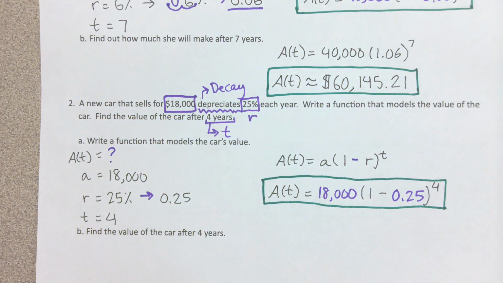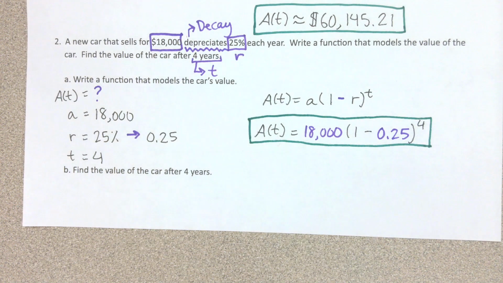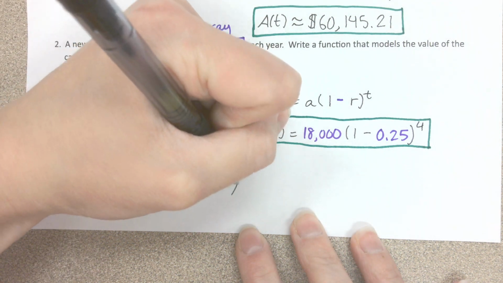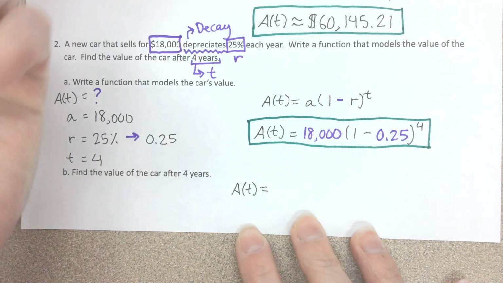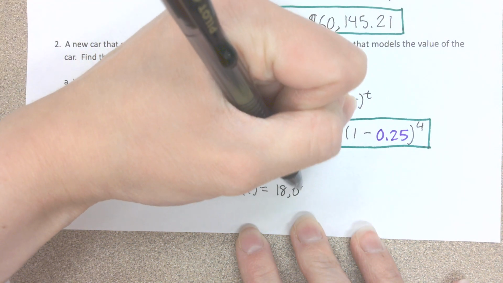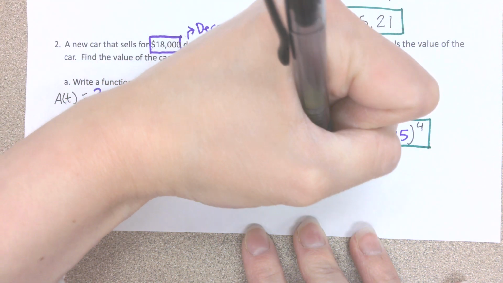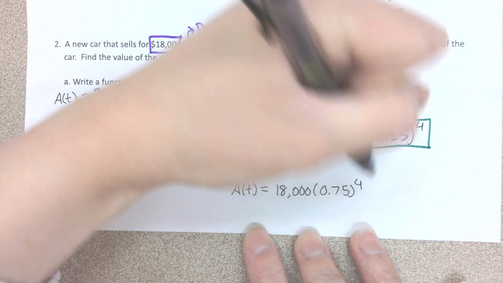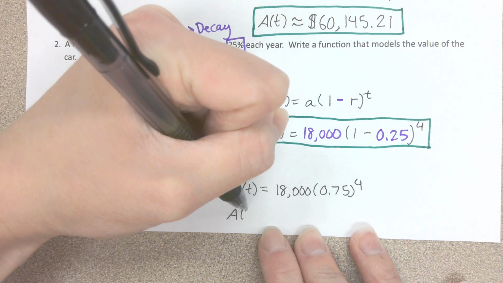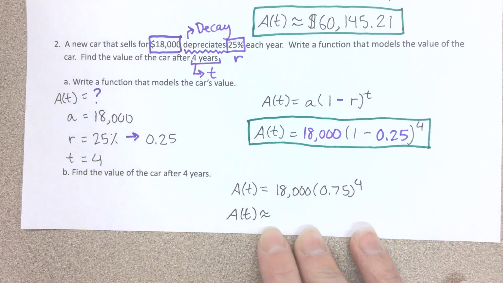And then part B, we actually need to find the answer. A of t equals 18,000 times, I'll go ahead and subtract this. 1 minus 0.25 is 0.75 to the 4th power. And then I'll use my calculator and round.